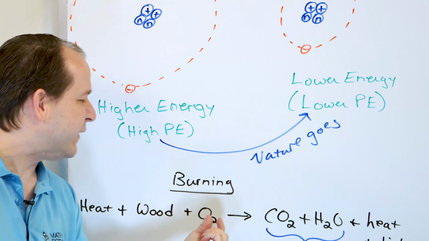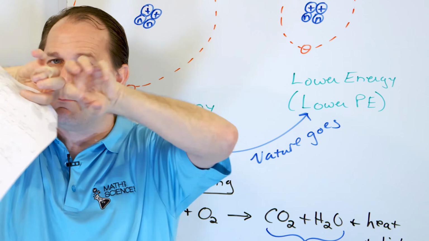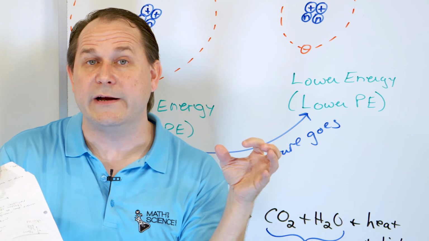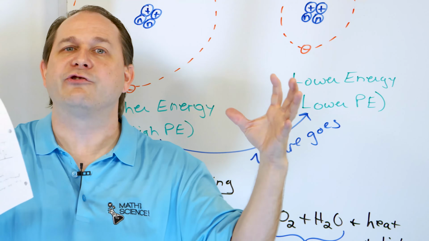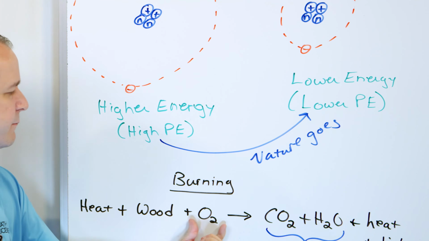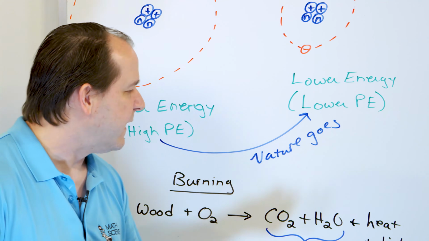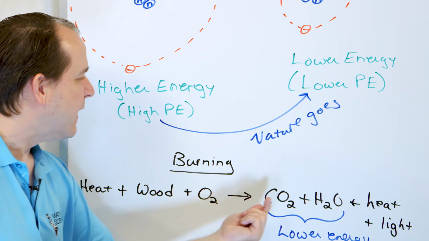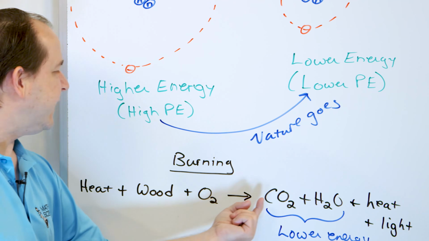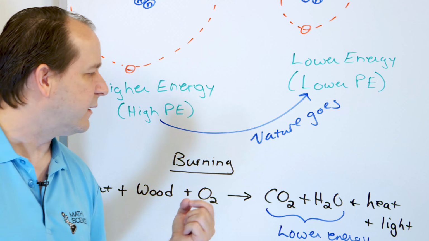Then you have some freely floating oxygen atoms, not bonded anymore, and freely floating carbons, which come from the wood. And then what happens? They all try to recombine. And how do they recombine? Do they come back and make wood and more O2? No, they don't. Some of the hydrogen from here gets bonded to the oxygen. It makes water. Some of the carbon from the wood gets bonded to the oxygen, making CO2.